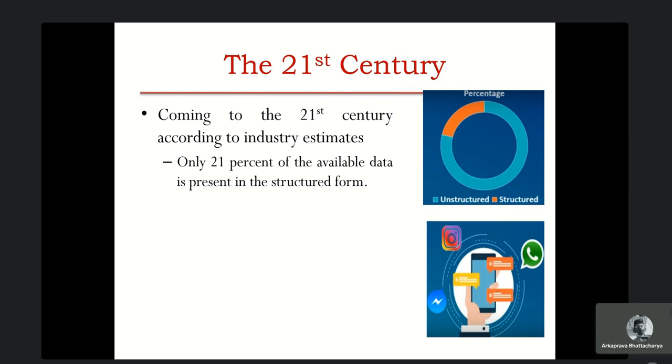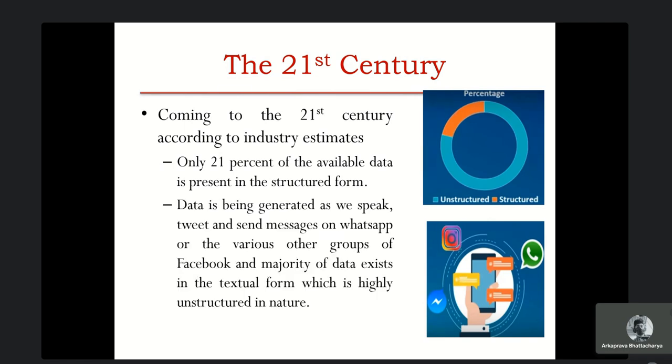Why? Because we are in the 21st century, so data is being generated as we speak, tweet, send messages on WhatsApp, or on various social media platforms. A lot of data is being generated in textual form, which is highly unstructured in nature. What do we mean by highly unstructured?